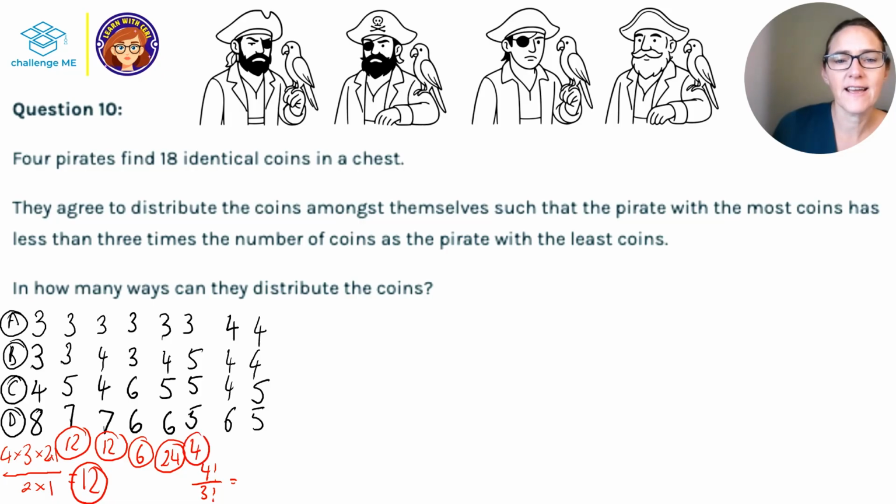And this is the same again, another 4. And this is the same as the 3366, so that's another 6. So we've got 12, 12, 12, 36. We've got a 24. We've got a 6464, so that's another 20. Just adding this up as quickly as possible. 80. 80 different ways that these pirates could arrange the coins.